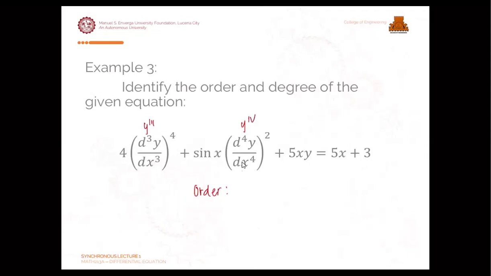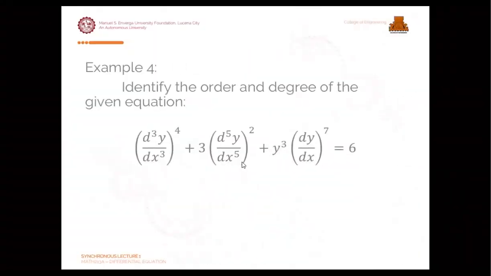Okay? So, ito yung highest order natin. So, 4th order tayo. O yung order natin is 4. And then, sa degree is, since ito na yung select natin highest order, tingnan nyo lang to yung degree niya. So, second degree. Okay? So, I hope clear yung about order and degree na.